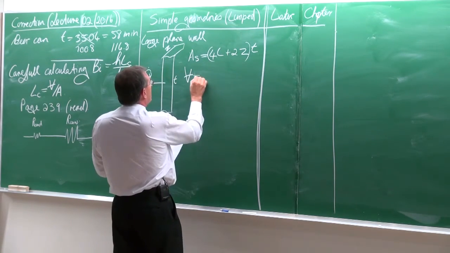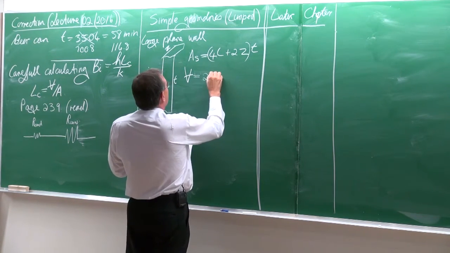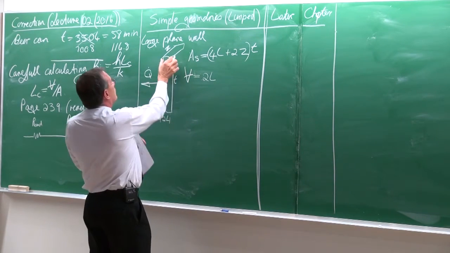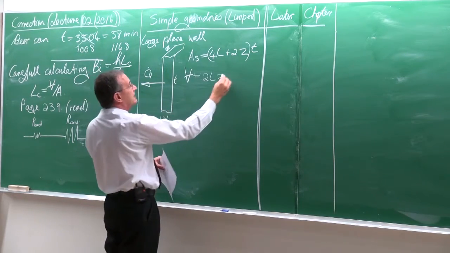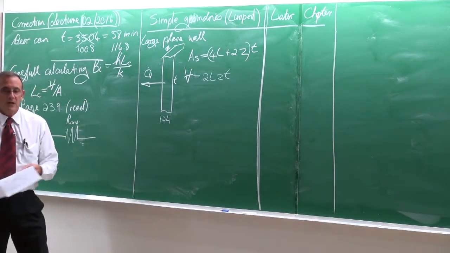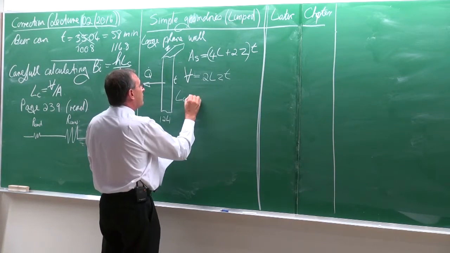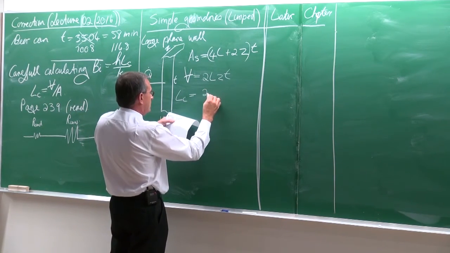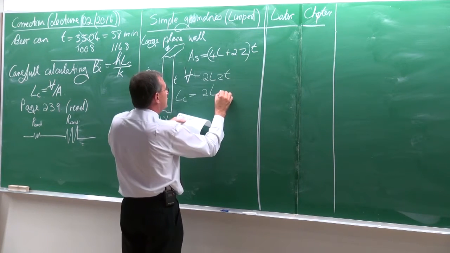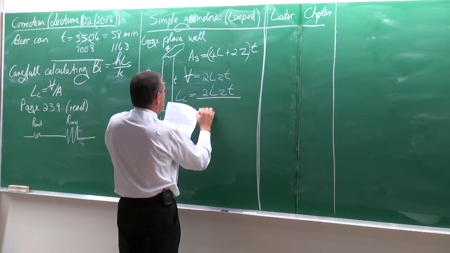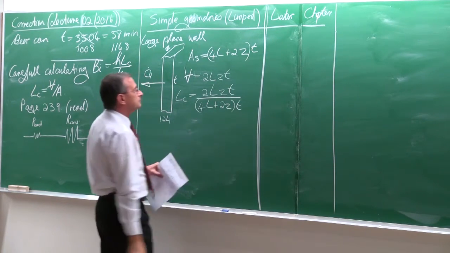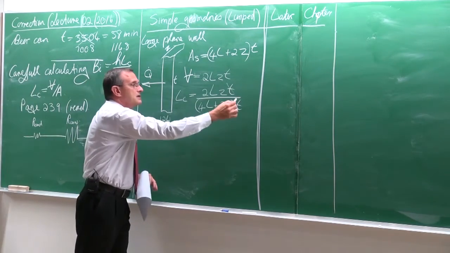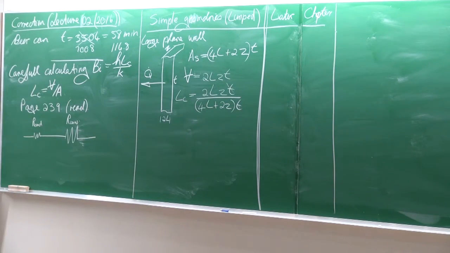Right, so the volume would be equal to 2L multiplied by Z, the surface area multiplied by T. So this characteristic length will then be equal to, if you calculate it, 2LZ multiplied by T divided by 4L plus 2 times Z multiplied by T. You can cancel the T's and write the equation in a different format.